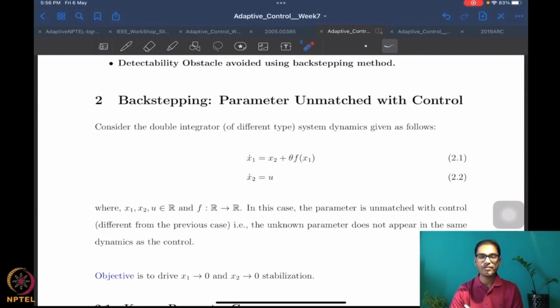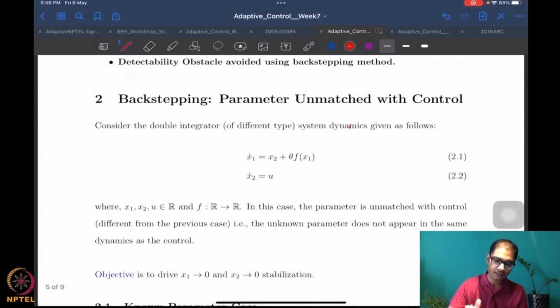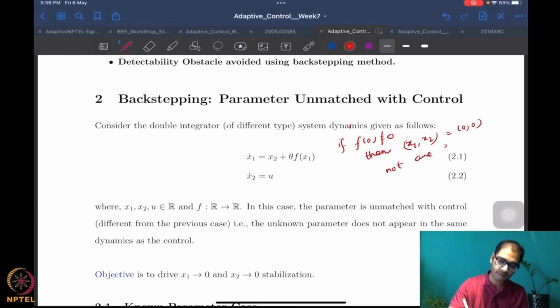If f0 is not equal to 0, the point that we're trying to make is that x1, x2 equal to 0, 0 is not an equilibrium.